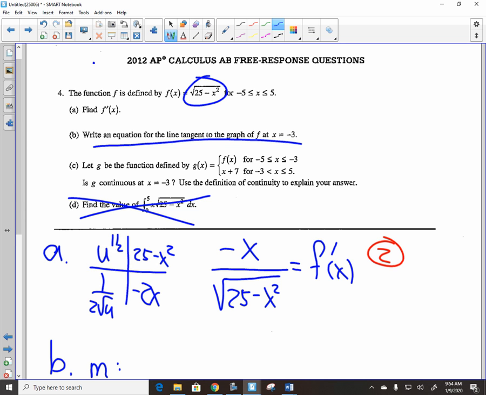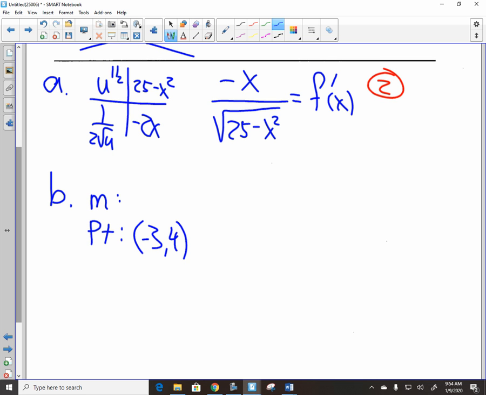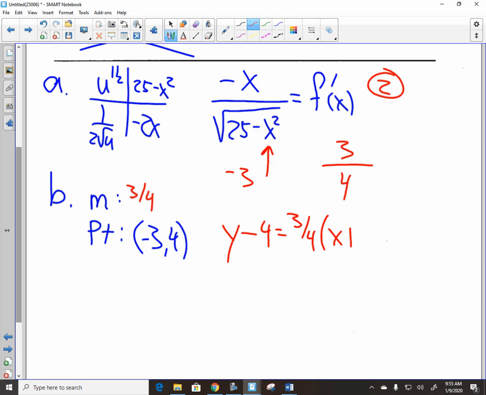And you get 25 minus 9 is 16. Square root is 4. So that's your point. How do you find the slope? You take the negative 3 and plug it into there. And you get 3 on top, and you're going to get 4 on bottom, so 3/4. So your equation for your line is y minus 4 is equal to 3/4 times x plus 3.